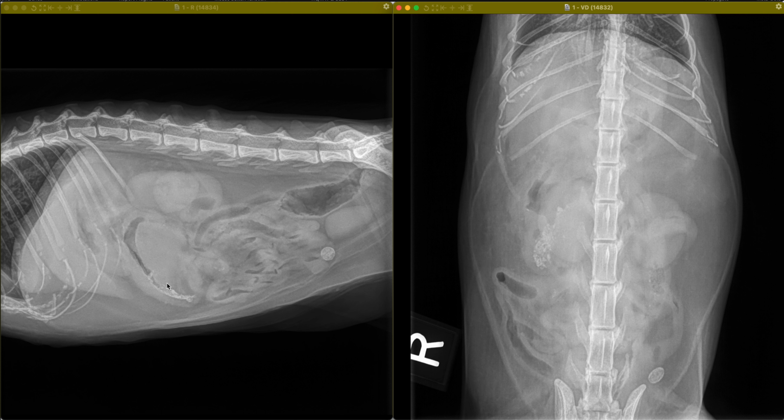We also identify that there is peritoneal effusion as well as the possibility for steatitis, which is inflamed fat. And this is likely secondary to inflammation associated with this mass. We do have to consider, because the mass indicates that there is abnormal tissue that's present, the possibility for perforation, as well as the possibility for concurrent pancreatitis.